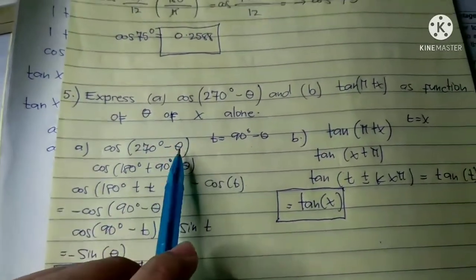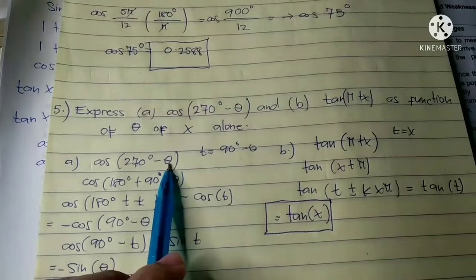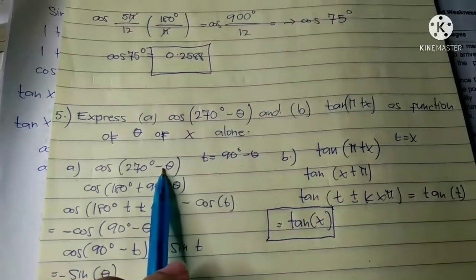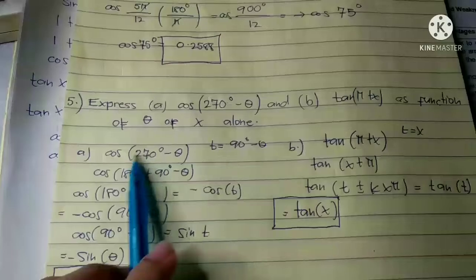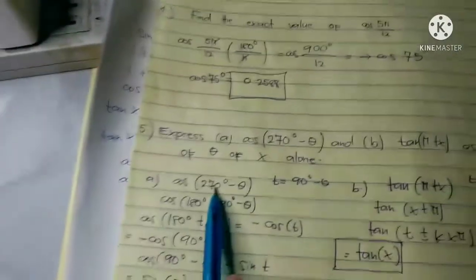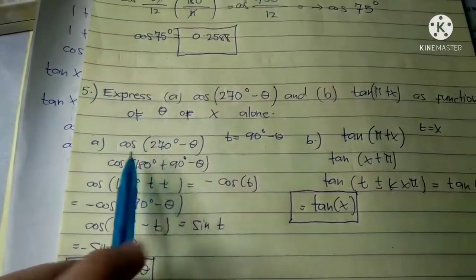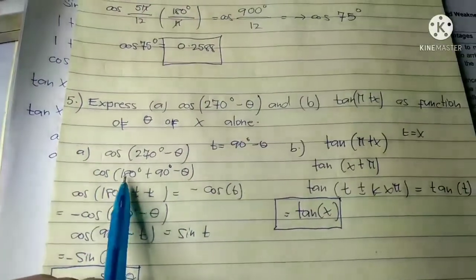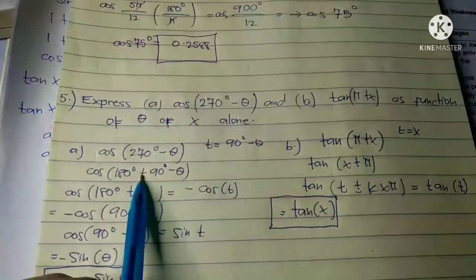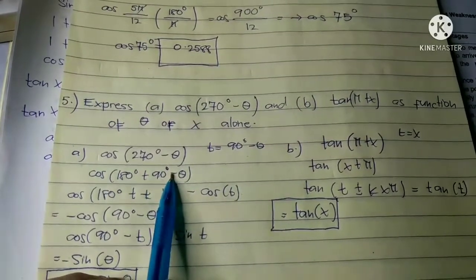To express this as a function of theta, we'll write 270 degrees as a sum. So we will get cosine of 180 degrees plus 90 degrees minus theta.